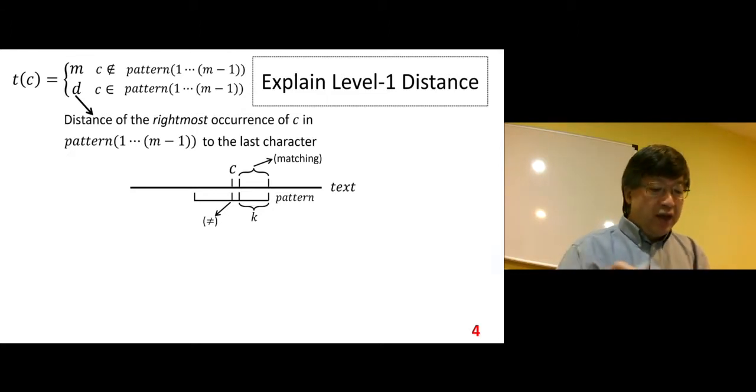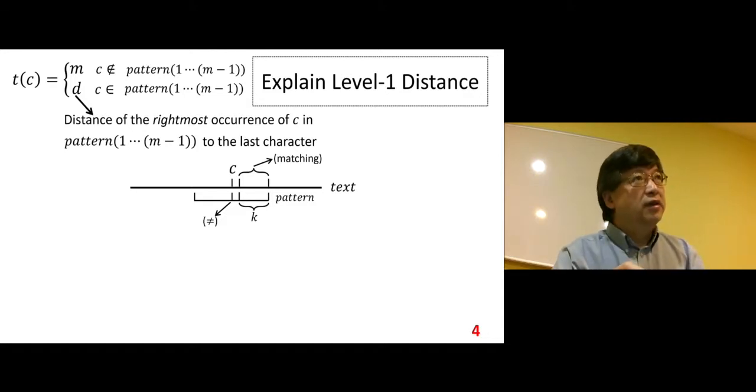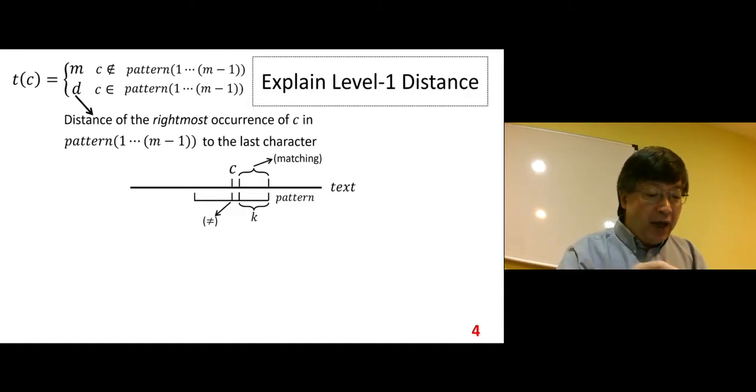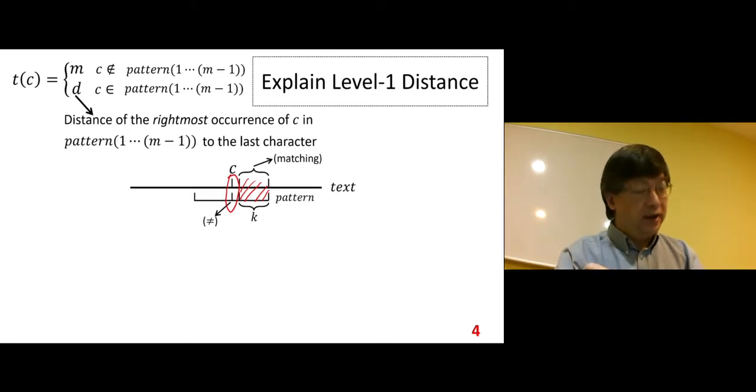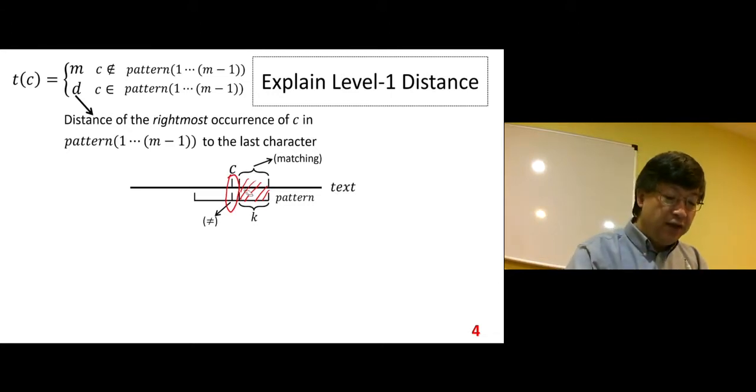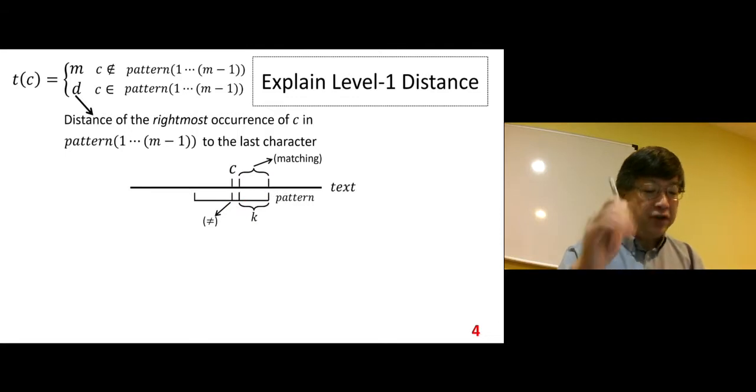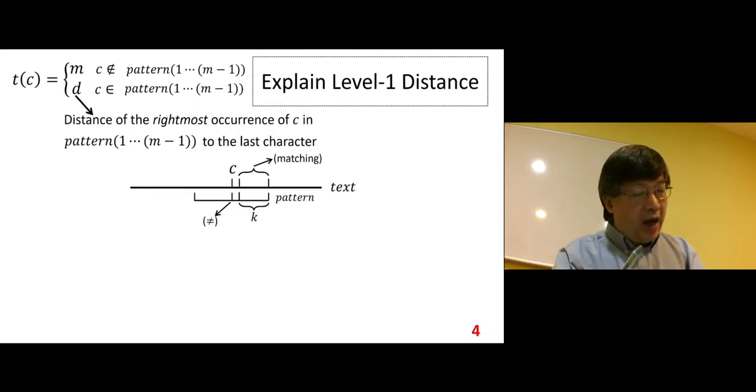Here I repeat the diagram, and we assume this is the matching part. Then the first non-matching pair is here. That is our current situation. Now let me explain why that formula gives us a possible shift size.